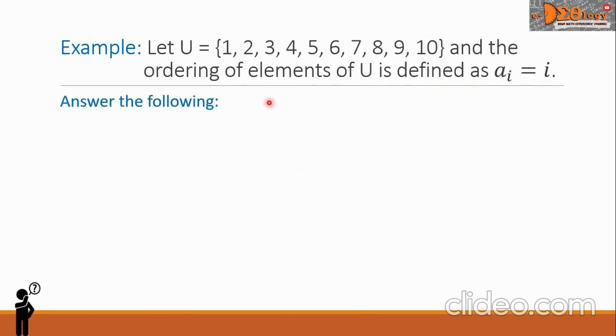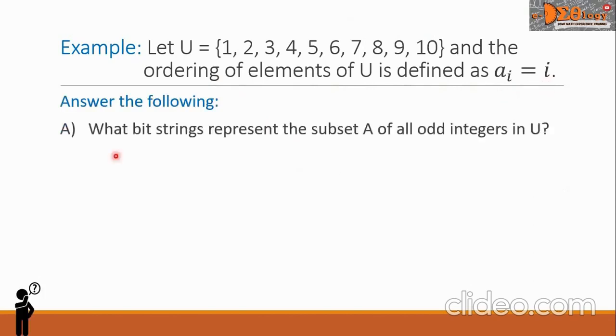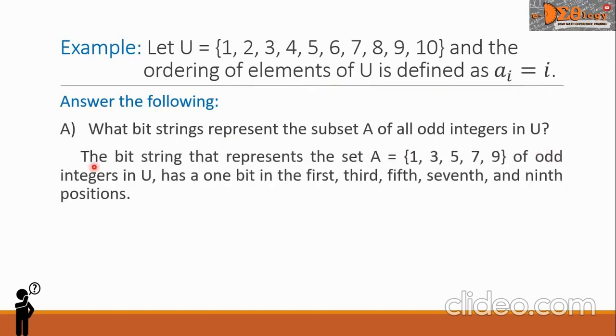Let us answer the following questions. Letter A. What bit strings represent the subset A of all odd integers in U? The bit string that represents the set A with elements 1, 3, 5, 7, and 9 of odd integers in U has a 1 bit in the first, third, fifth, seventh, and ninth positions.